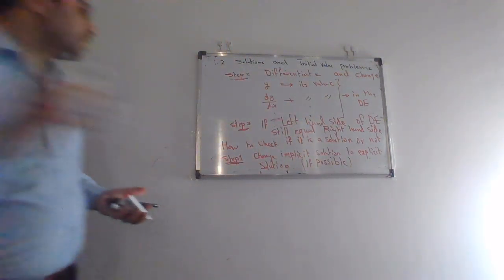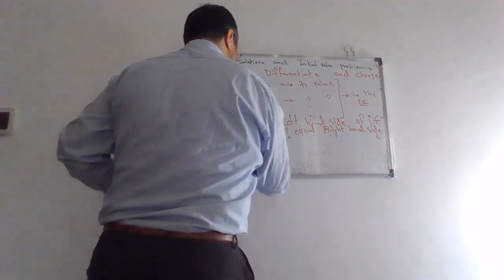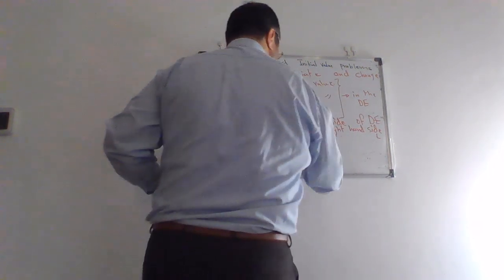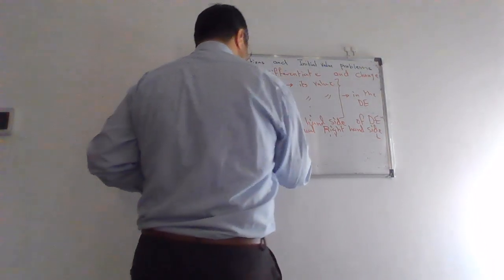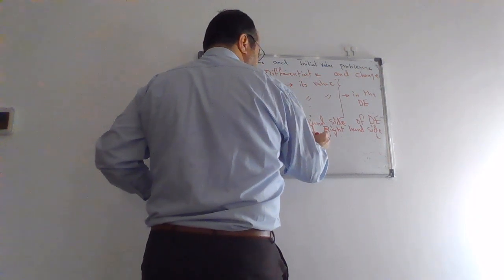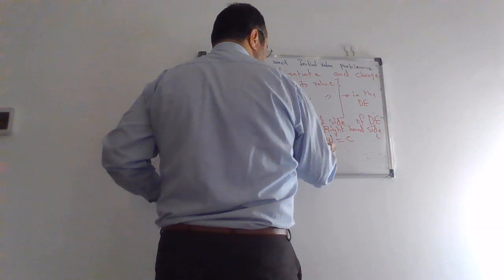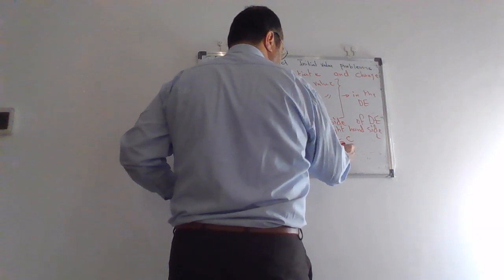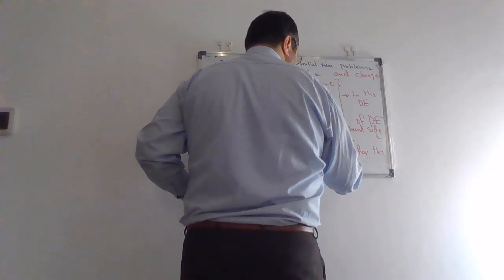Then the implicit formula phi of x, y equals c is a solution for the differential equation.